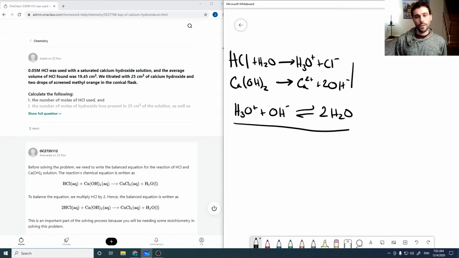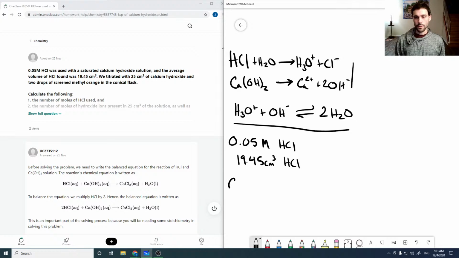So if we have a 0.05 molar HCl, and our volume of HCl is 19.45 centimeters cubed.